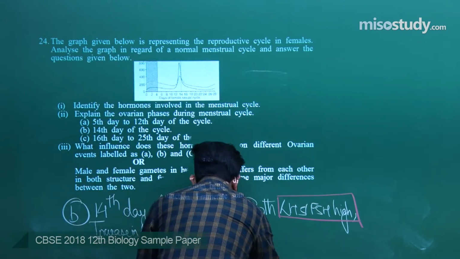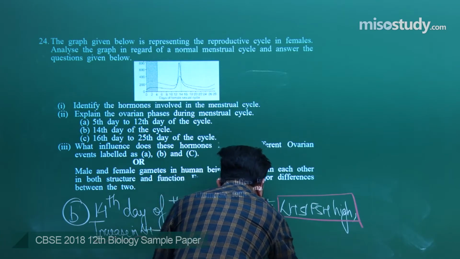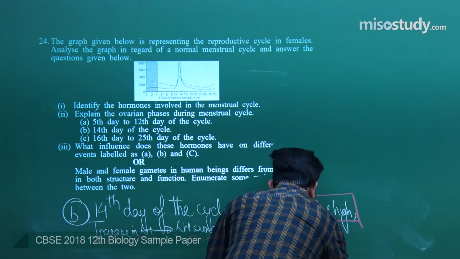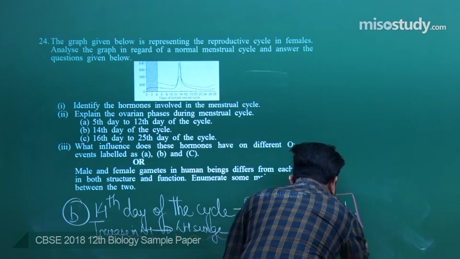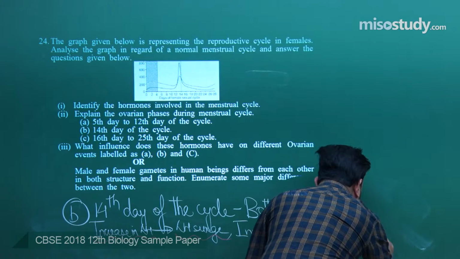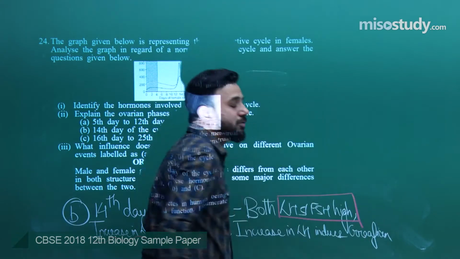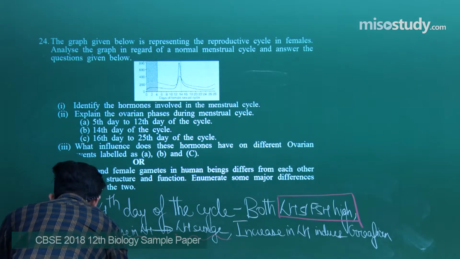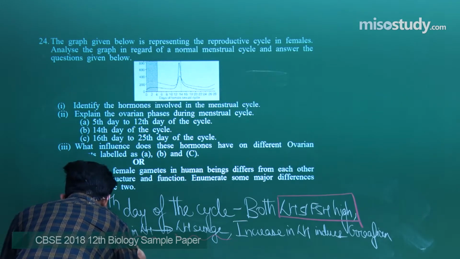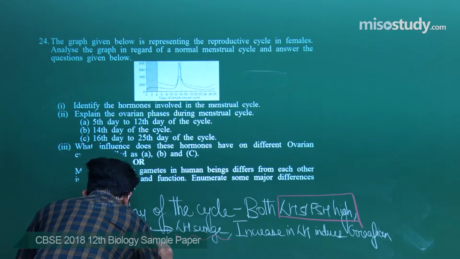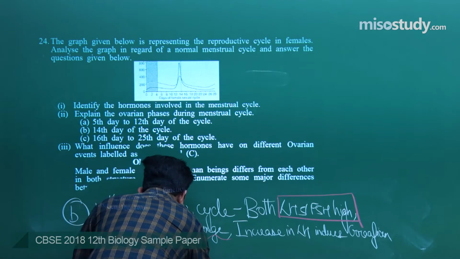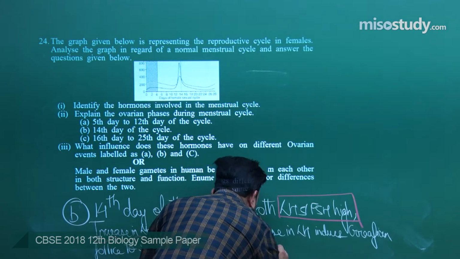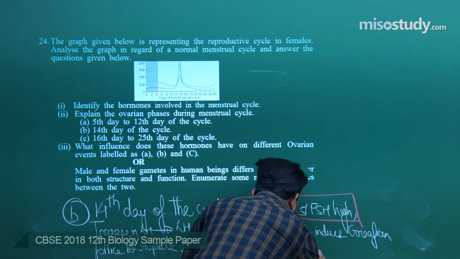This increase in luteinizing hormone induces the Graafian follicle, the mature ovarian follicle, to rupture and release the ovum. That is ovulation.